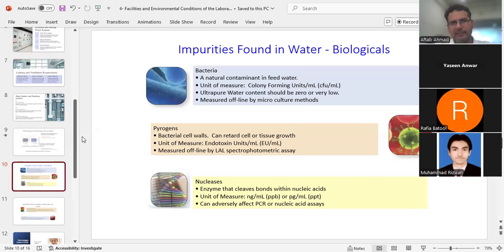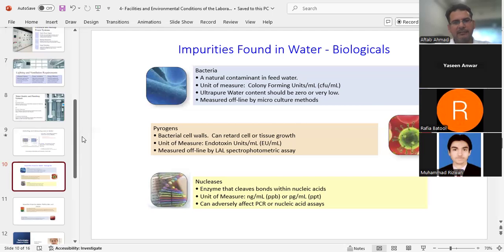It's better to check what kind of contamination we have. Mostly we can check for bacteria. The unit of measure for bacteria is the colony forming unit, CFU per ml, and I'm sure during your MLT and your degree, you know the method of counting colony forming units per ml.